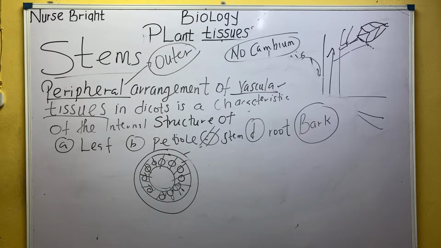The bark is best described as a cork-like tissue found only in stems. Please note that. Cork-like tissue found only in what? Stems. So that is for that.